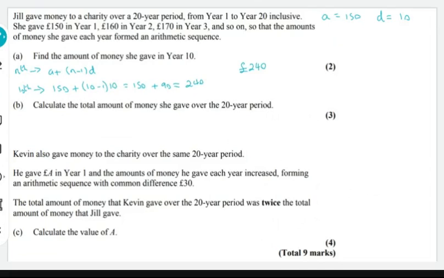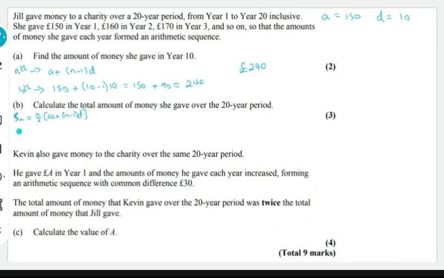Okay, so let's have a look. So the formula Sn for an arithmetic series is n over 2 multiplied by (2a plus (n minus 1)d).